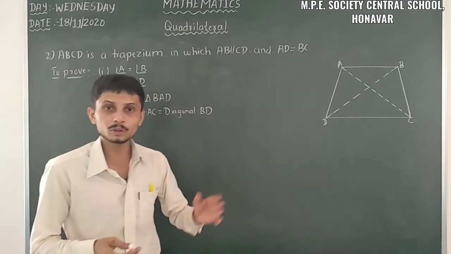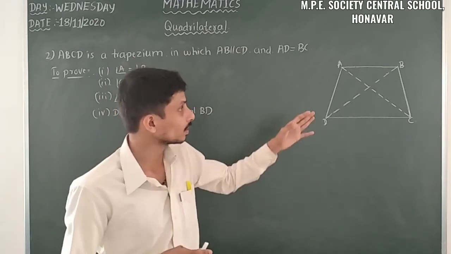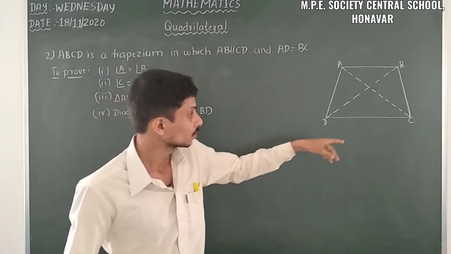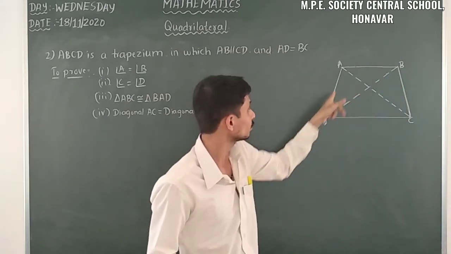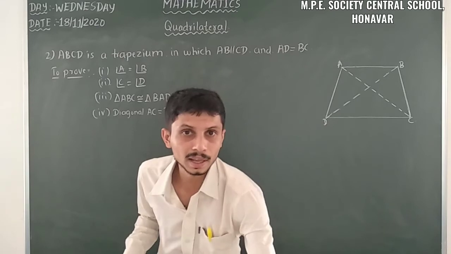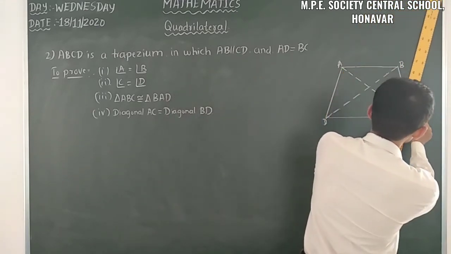So that's why we have to take a parallelogram. It is better to take a construction. Here we have to take a line exactly parallel to AD.